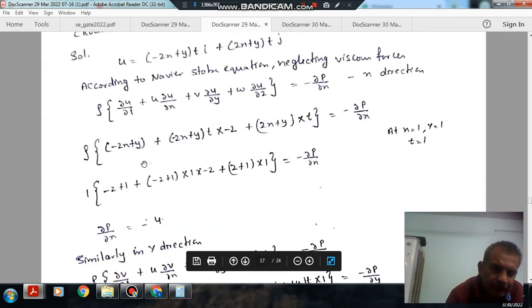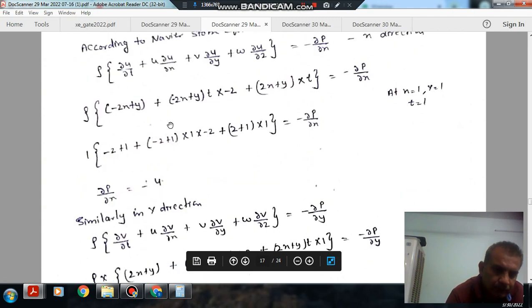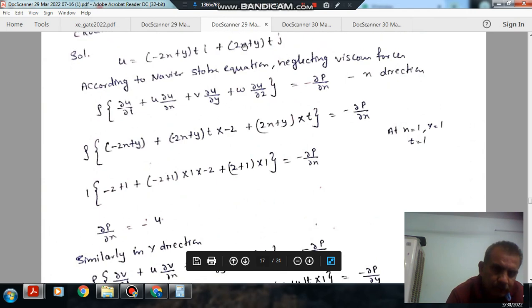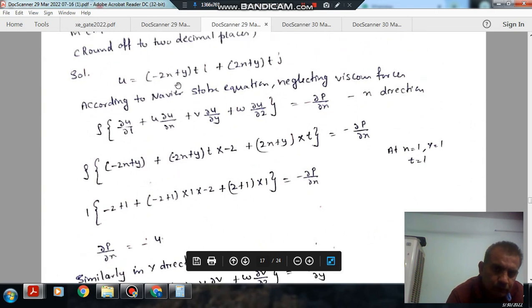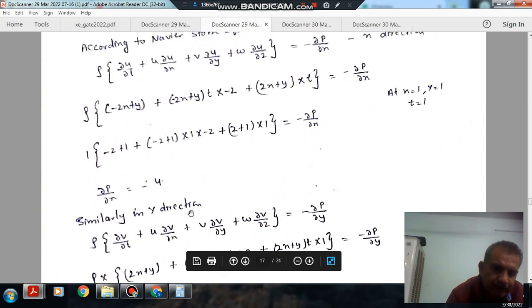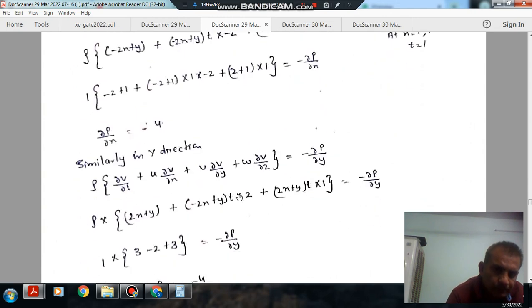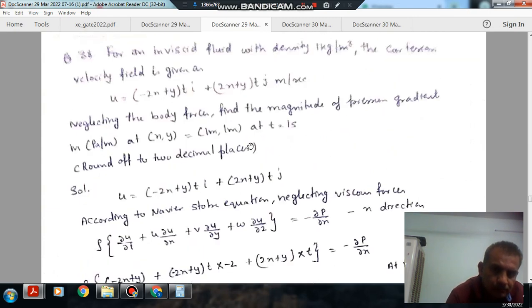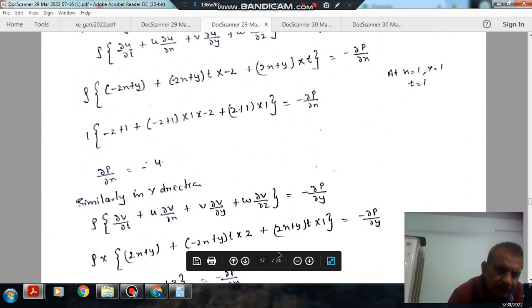So putting the values x = 1, y = 1, t = 1, we get ∂p/∂x equal to -4. Similarly, in the y direction, the acceleration is ∂v/∂t, which is (2x + y), plus u ∂v/∂x, where ∂v/∂x is 2t, and v ∂v/∂y, where v is (2x + y)t and ∂v/∂y is t. Since t is 1, it doesn't matter.